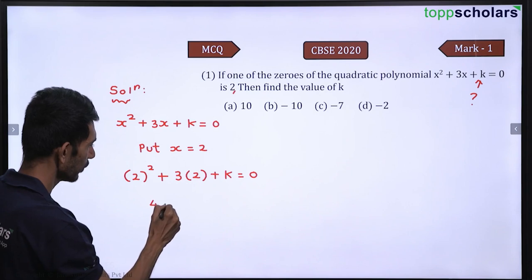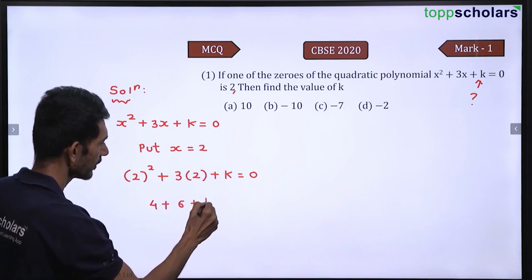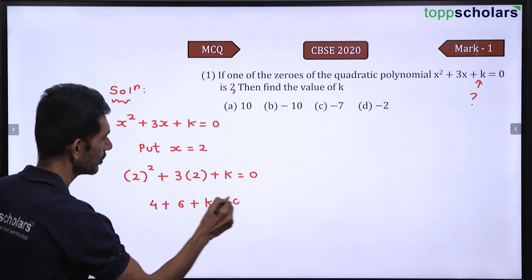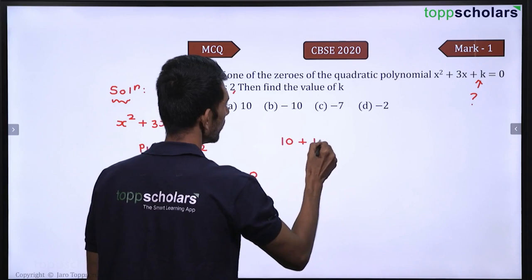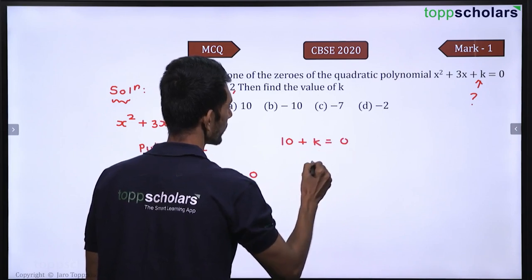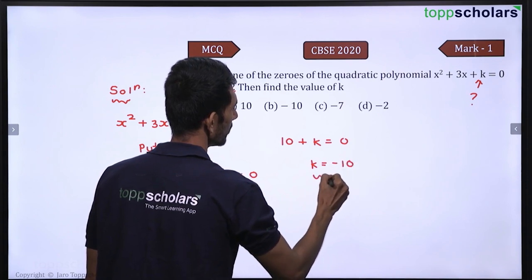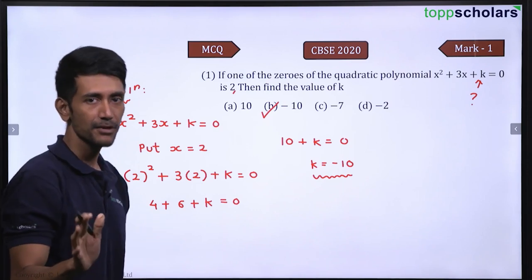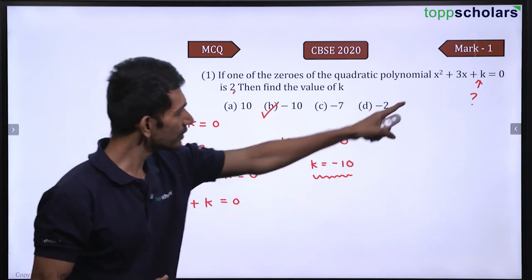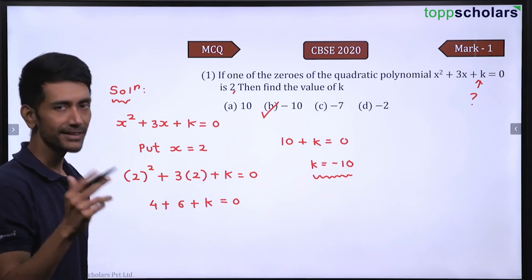So 2 square is 4 plus 3 into 2 is 6 plus k is equal to 0. 4 plus 6 is 10, right? So 10 plus k is equal to 0. So k is equal to minus 10, right? So B is the correct answer. Simple. All we needed to do is put the value of x as 2 and you get the answer. Easy. Let's continue.